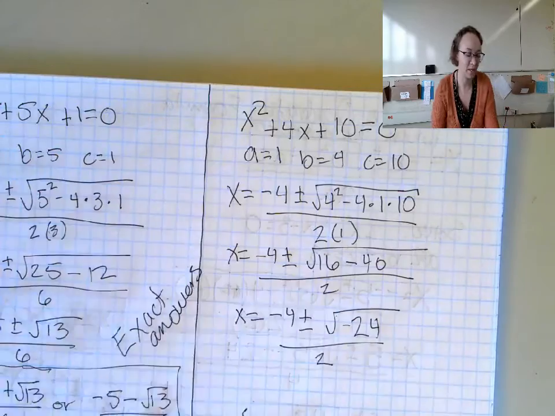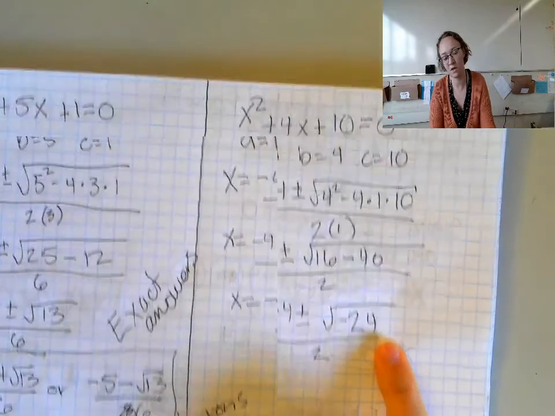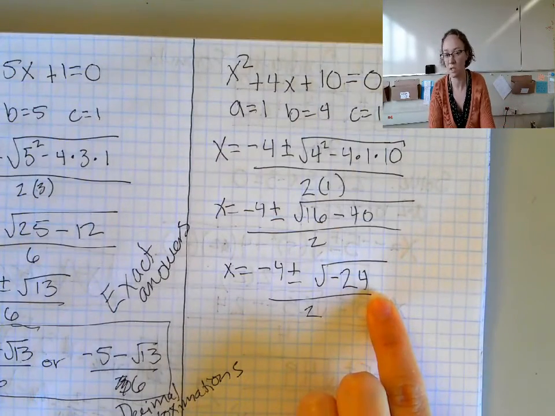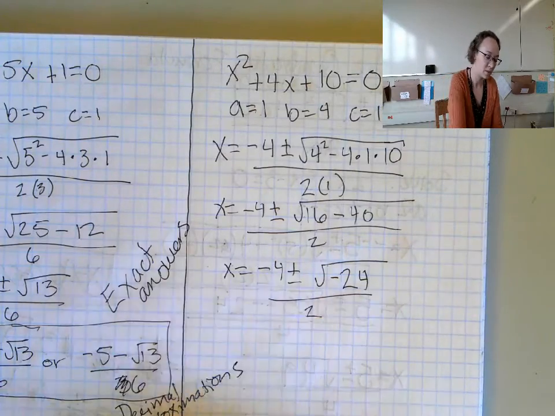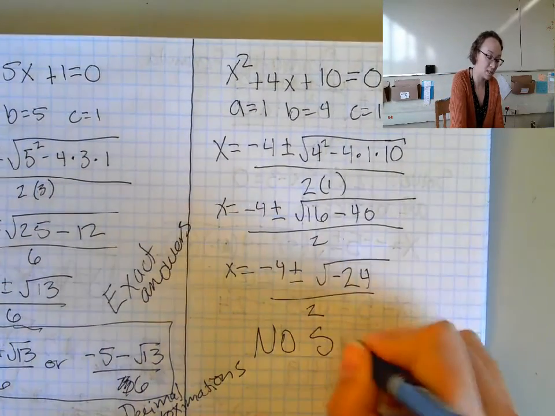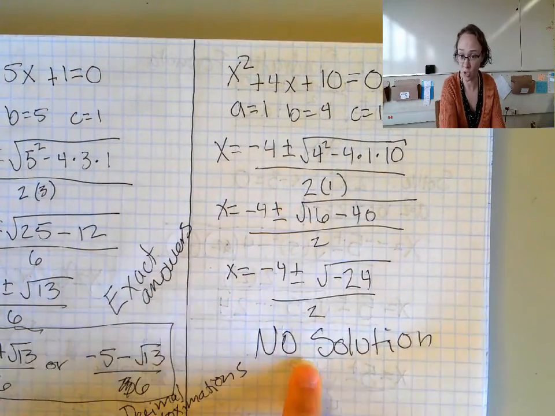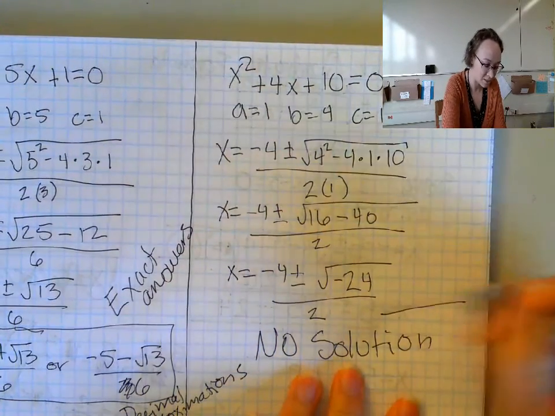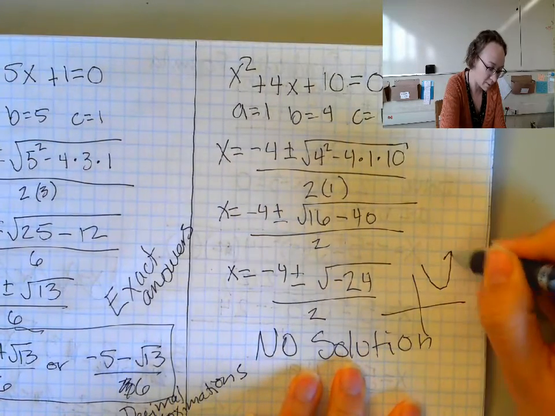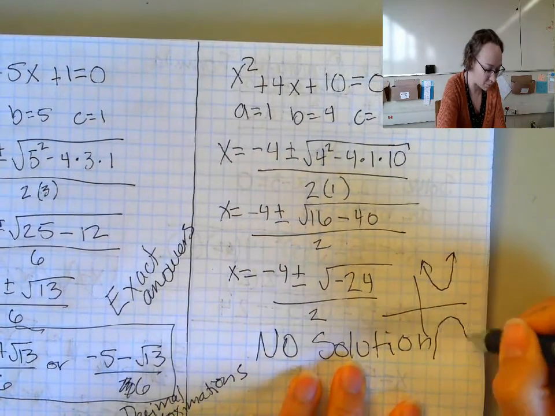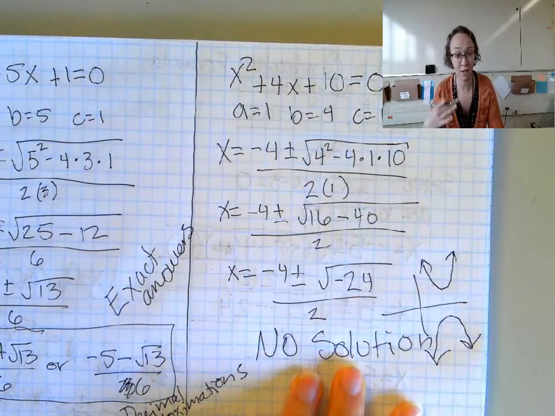divided by 2. And at this point, I have the square root of a negative number. That is going to mean no solution. So this time I can trust this. I mean, unless I made a mistake. But that no solution, that means that this is a floating parabola or a sinking parabola. It's not irrational roots, right?